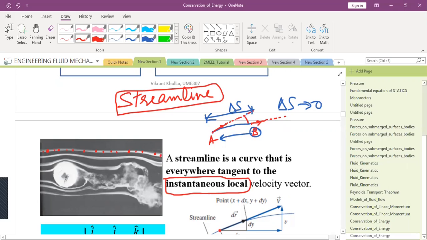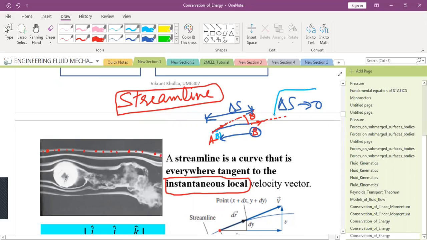You have this finite angle. But what will happen if B approaches A? Say I mark B somewhere here now, at this location. Now the velocity vector at A and the new point B dash will be pointing in the same direction.